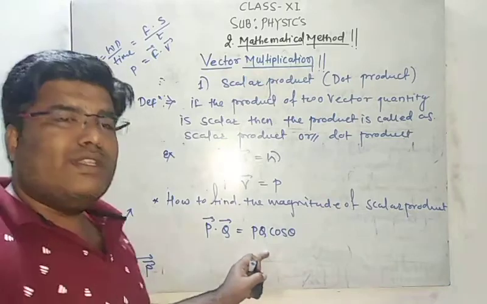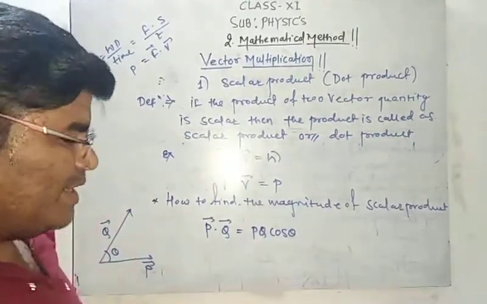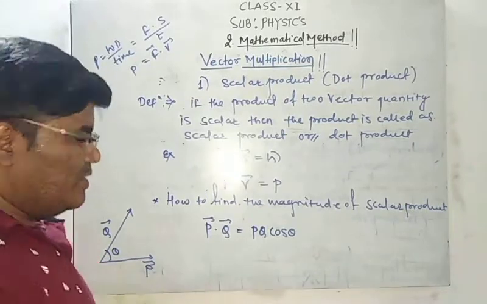This is the formula to find out the magnitude of a scalar product. So what is the formula?